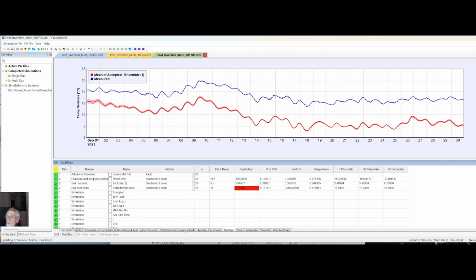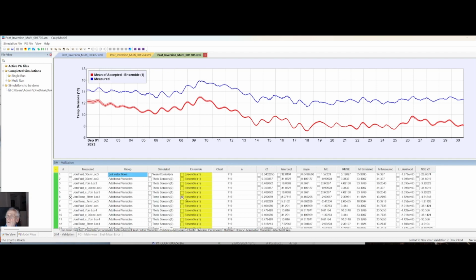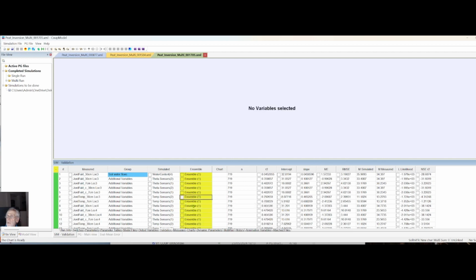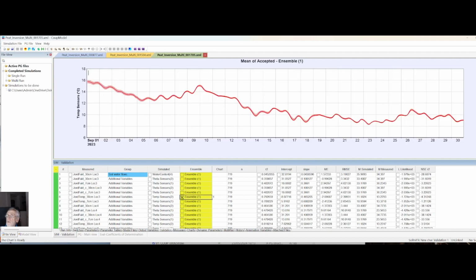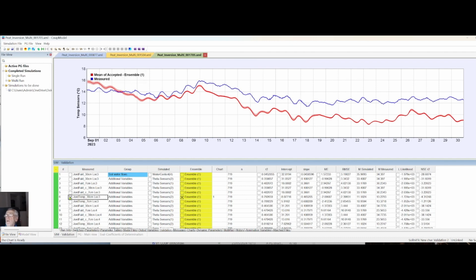And if we look at the dynamics in the validation, we have to clear the previous, and then estimate a new mean value, and we look at a new temperature, and then we get a comparison. Okay. Oh, no, it's great.